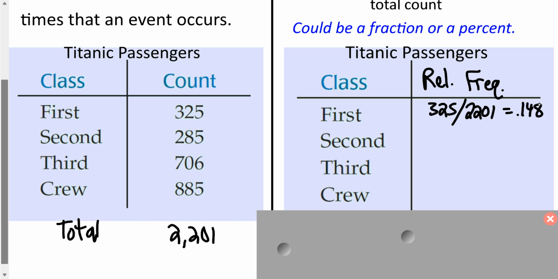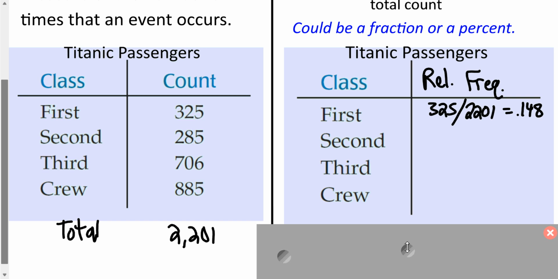All right, you can do the same thing with each of the other ones, and these are your relative frequencies. So, not 325, we have 285 divided by the total. It is relative to the total, and if I do some math, I get 0.129.